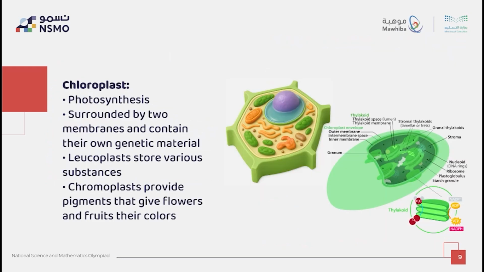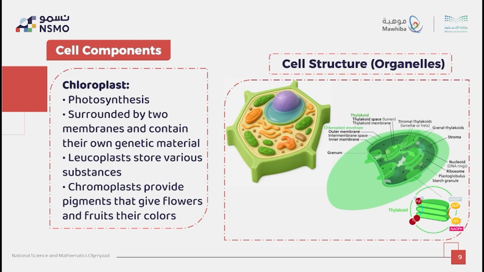Okay, guys, let's talk about chloroplasts. Chloroplasts are found in plant cells. We can see it obviously here, and it performs photosynthesis. Let's see the image here, guys. We can observe two membranes.